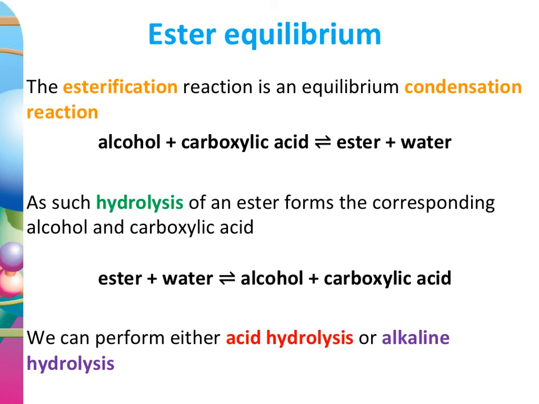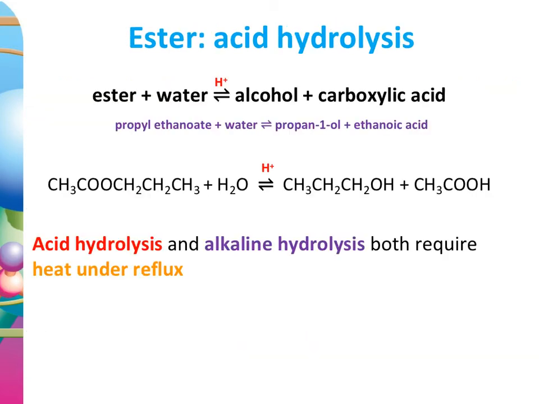So we need to look at those two hydrolysis reactions a little bit more carefully. Now, the acid hydrolysis reaction is no different than the formation of the ester. We're just starting from the other side. We add concentrated sulfuric acid, although in this instance we would perhaps heat under reflux to speed up the rate of reaction and to reach equilibrium faster, although it doesn't sound like absolutely ideal, does it?